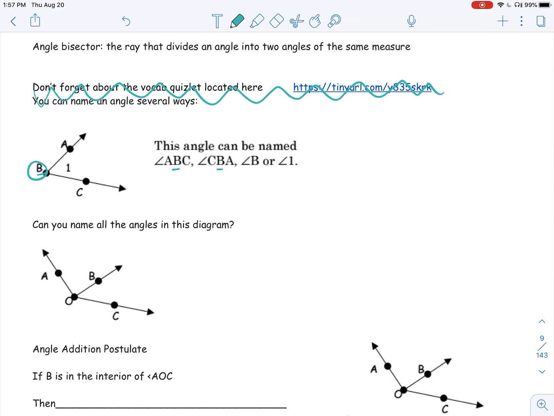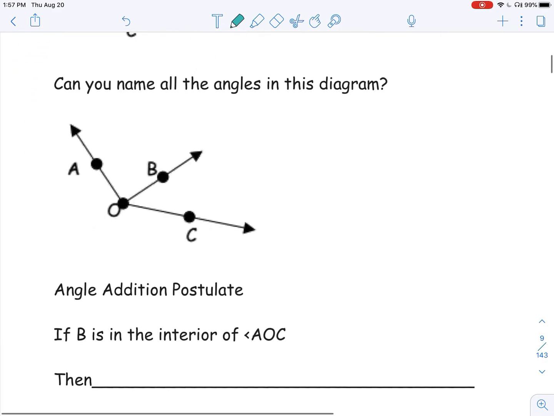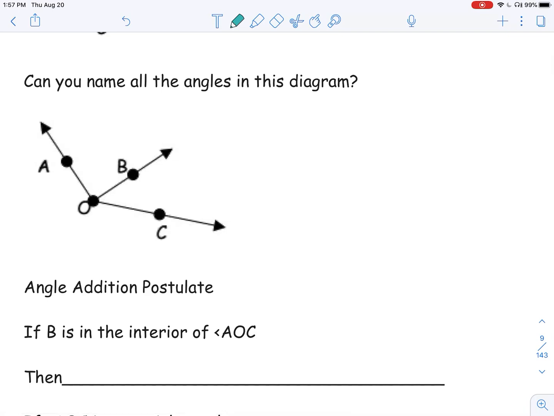If we're going to name all of the angles in this little diagram here, we have 1, 2, 3 different sets of angles. So if we start up with the top, we have angle AOB. You'll notice that I put a little mark through my angle signs.